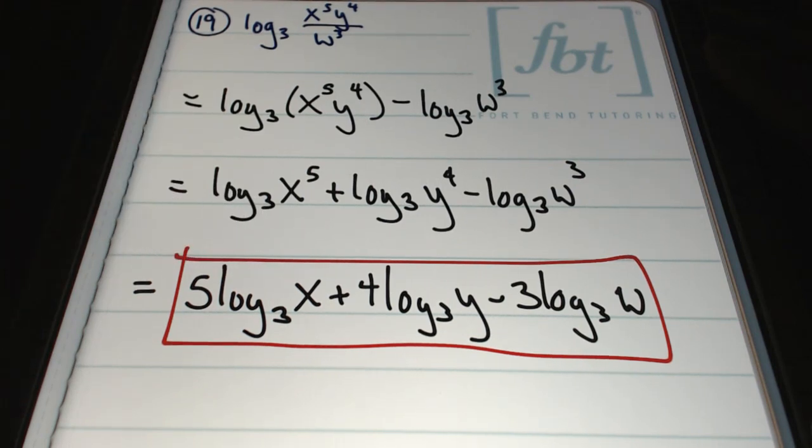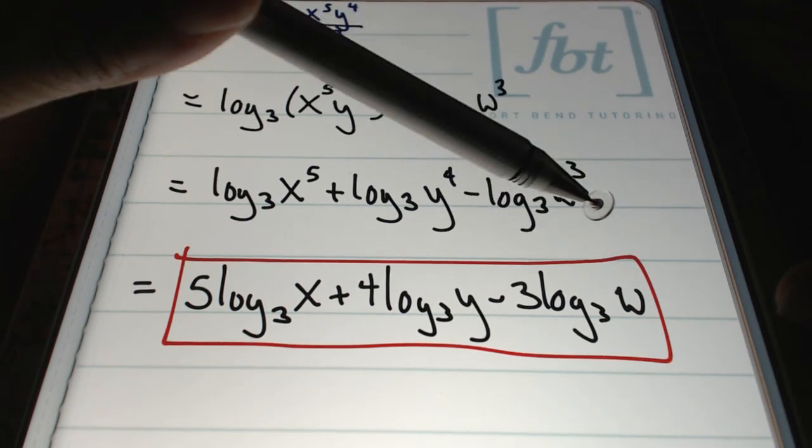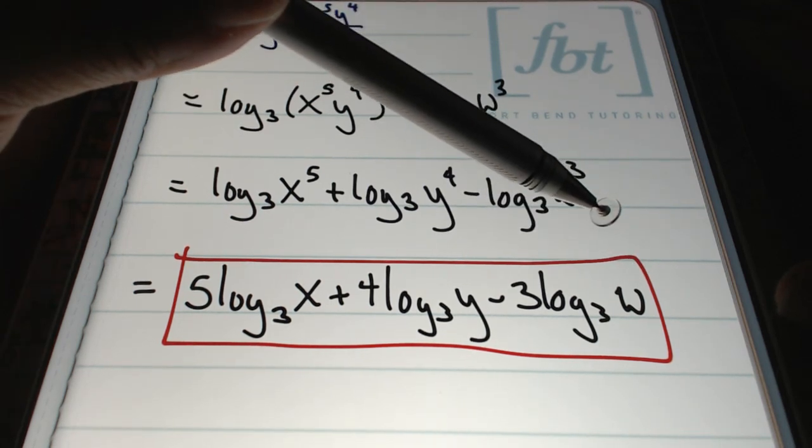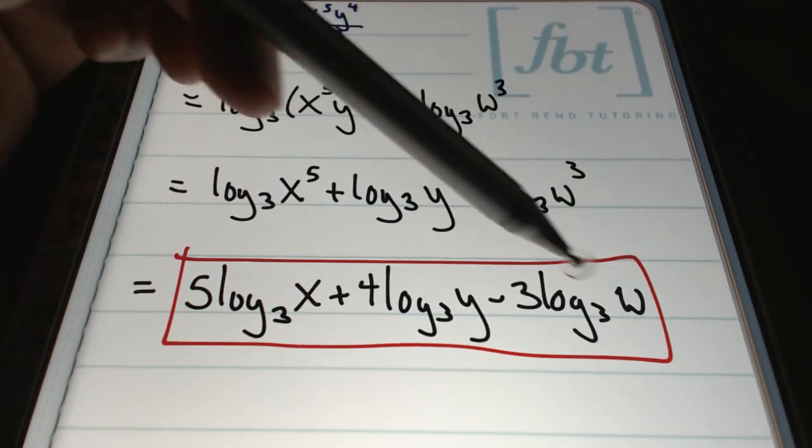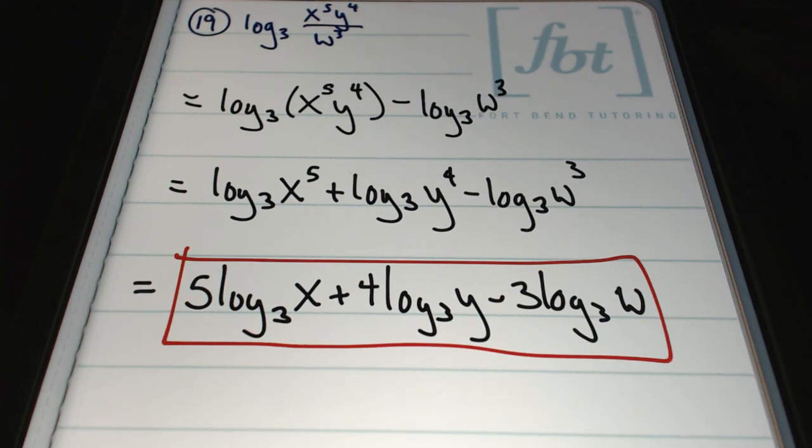Now, you cannot cancel out the 3 log 3 because the argument has to be a 3. Our argument is w. Obina is asking, can we cancel out the 3 log 3 here? You cannot.